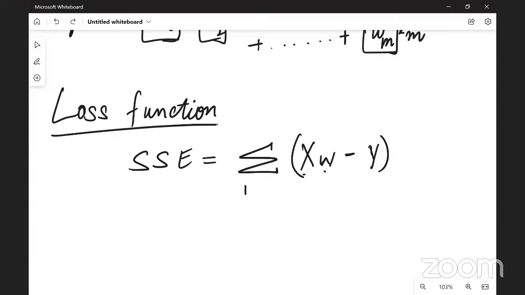And what we do is we sum them, i equal to 1 to n. Maybe I should write it in a bit different manner.